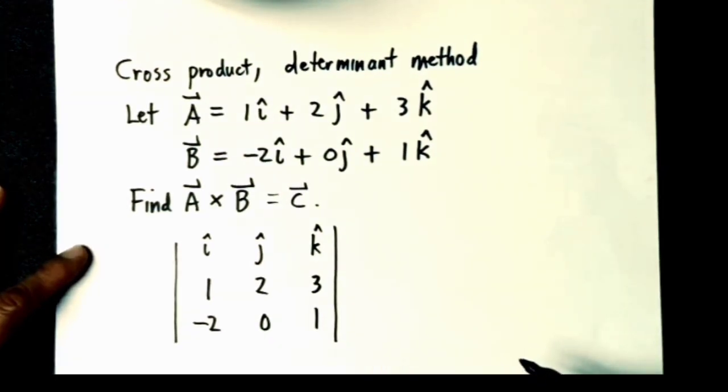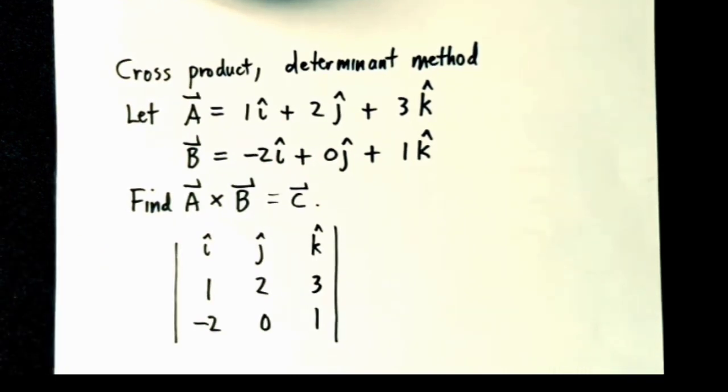And now what you have to do is calculate a determinant. By the way, this is the method for calculating determinants. This is not actually the real determinant for matrices, but the procedure is exactly the same.